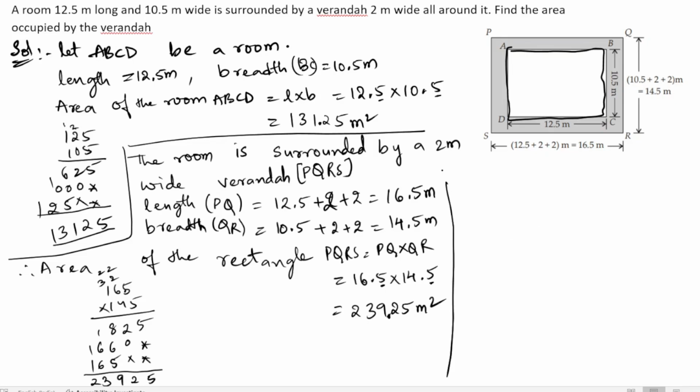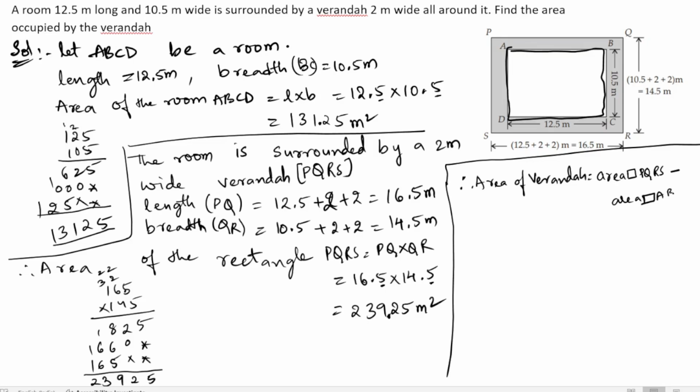Therefore, the area of the veranda is equal to the area of the bigger rectangle PQRS minus the area of the rectangle ABCD.